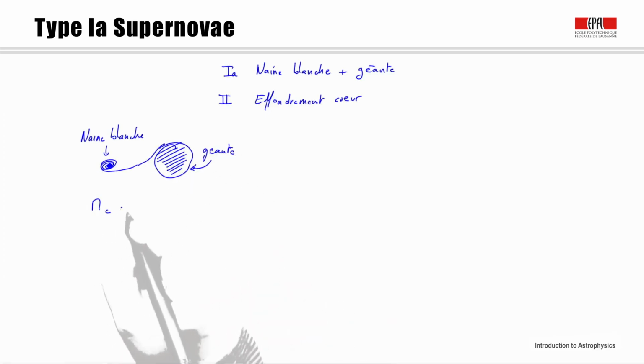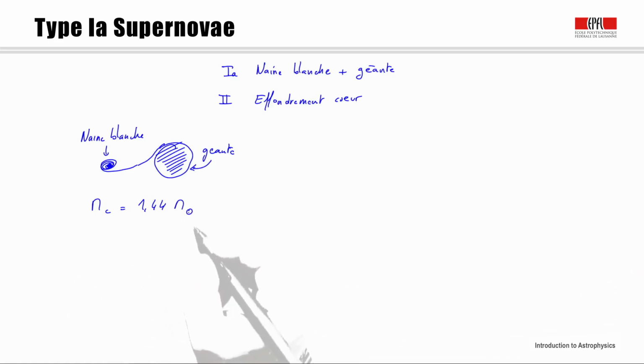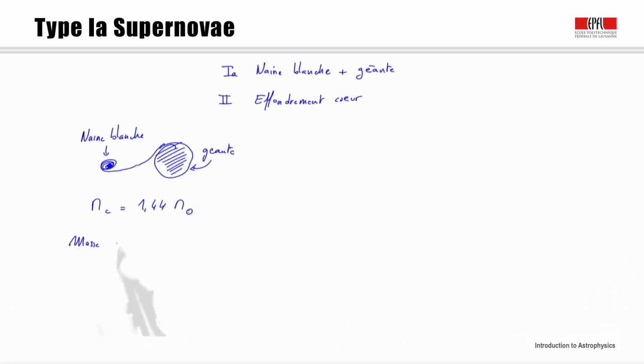The critical mass is 1.44 solar mass, also called the Chandrasekhar mass. Each time the white dwarf has accreted enough matter, that is 1.44 times the mass of the Sun, we will have a supernova detonation.